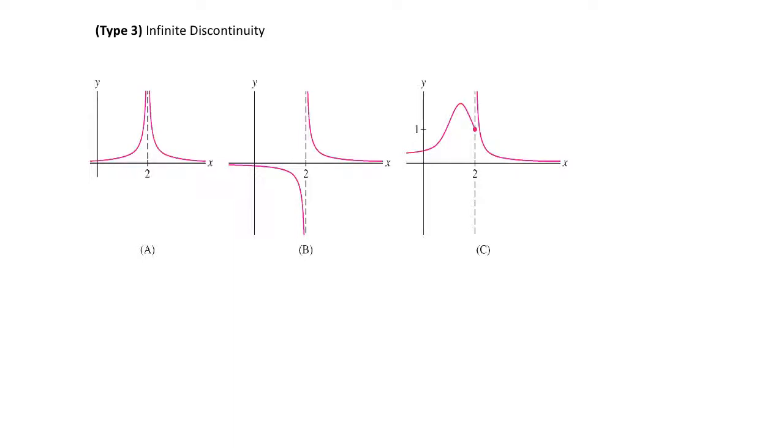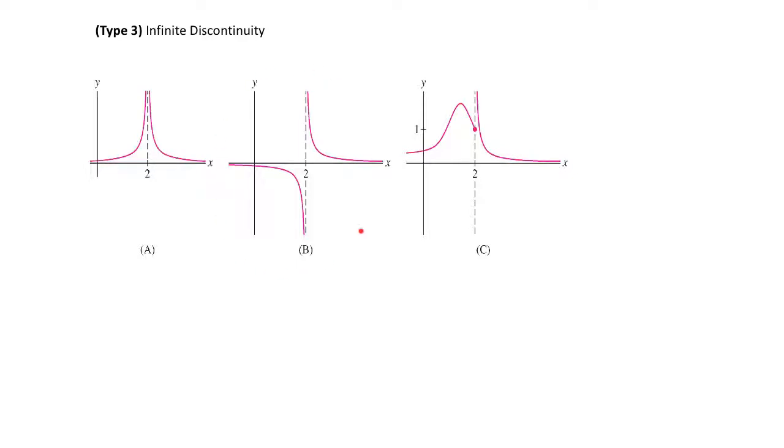Or maybe just the left-handed limit approaches positive or negative infinity. The point is that around a, there is infinity involved. Look at the first case right here. Here a is 2. So when x approaches 2 from the left and from the right, the y values are going off towards positive infinity. Immediately, we have an infinite discontinuity at 2. In fact, we should already recognize this as a vertical asymptote at x equals 2.